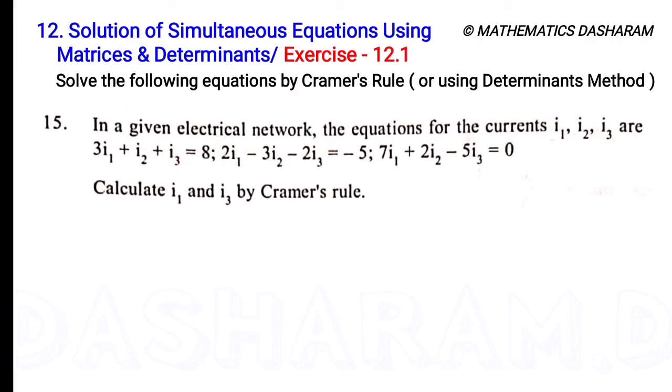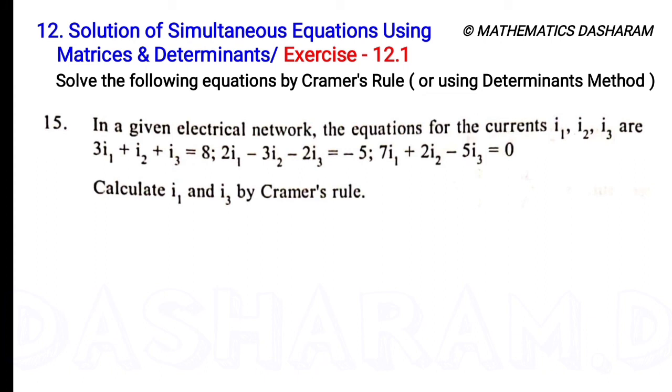15th question: in a given electrical network, the equations for the currents I1, I2, I3 are 3i1 plus i2 plus i3 equals 8, 2i1 minus 3i2 minus 2i3 equals minus 5, 7i1 plus 2i2 minus 5i3 equals 0. Calculate i1 and i3 by Cramer's rule.